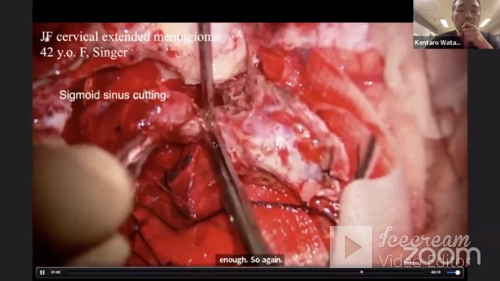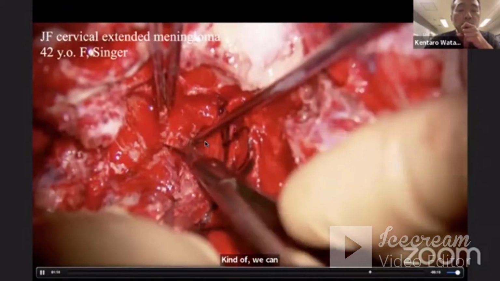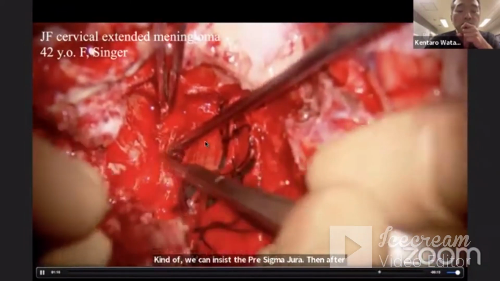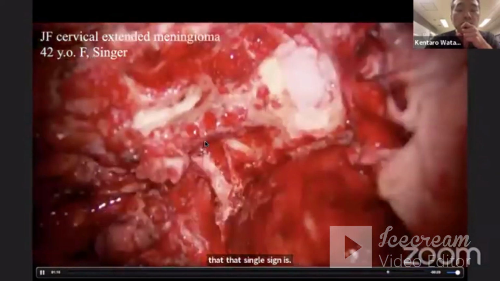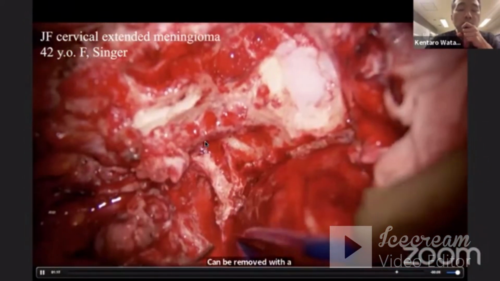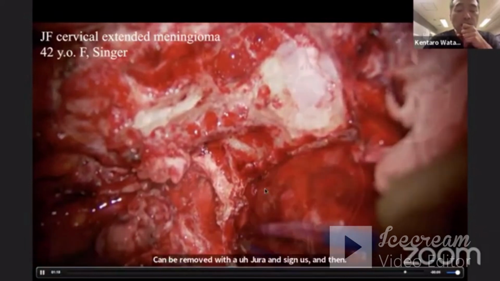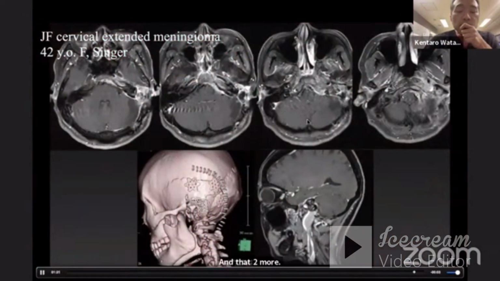Then after that, the sigmoid sinus can be removed with the dura and sinus, and then the tumor. Then after that is closure. I left some pieces of the tumor around the cervical region, because the meningioma is very embedded around the nerves.